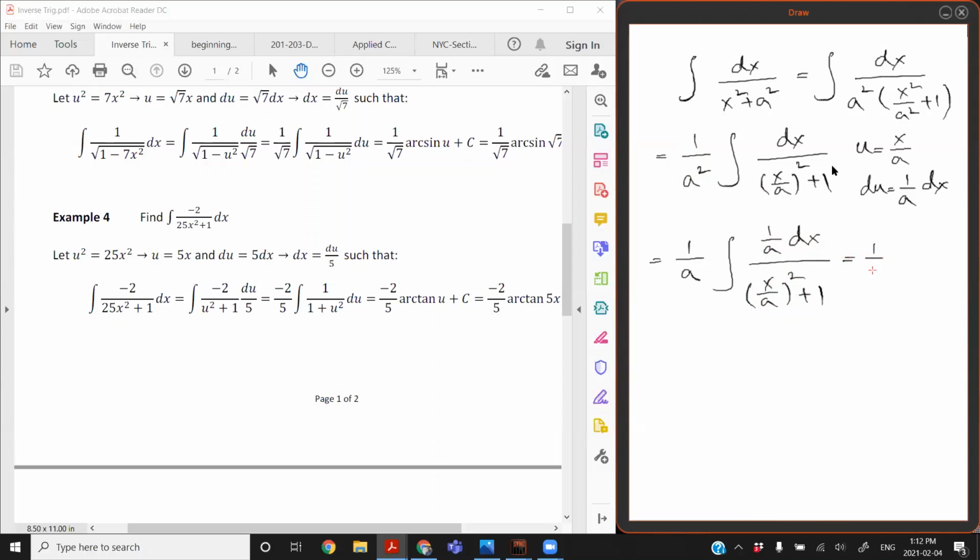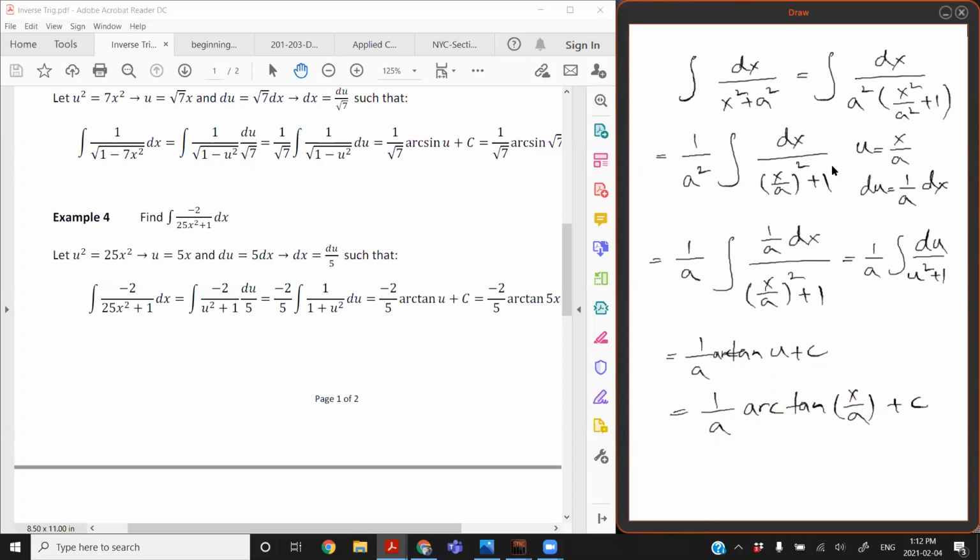Now this becomes 1 over a integral of du over u squared plus 1. So it's going to be 1 over a arctangent of u plus c, which is going to be 1 over a arctangent of u, which is x over a, plus c.